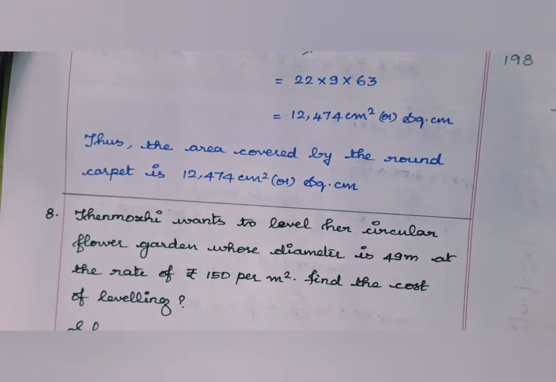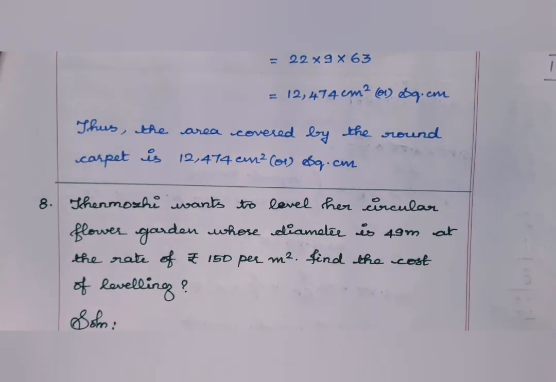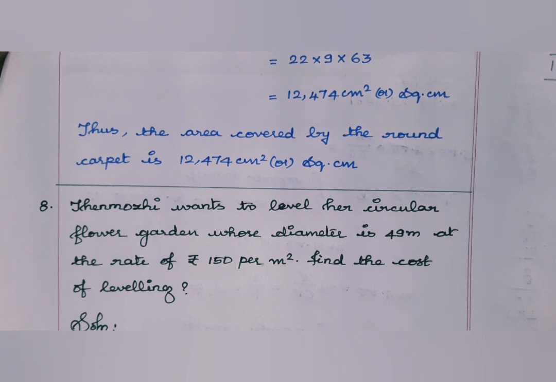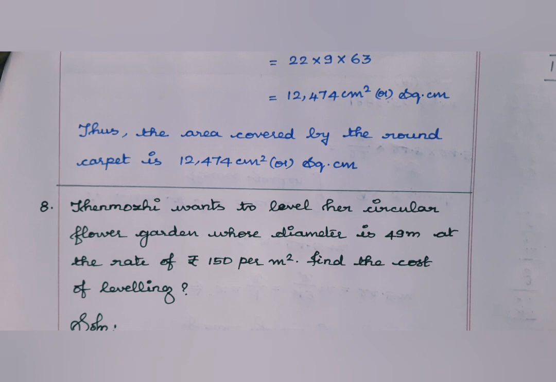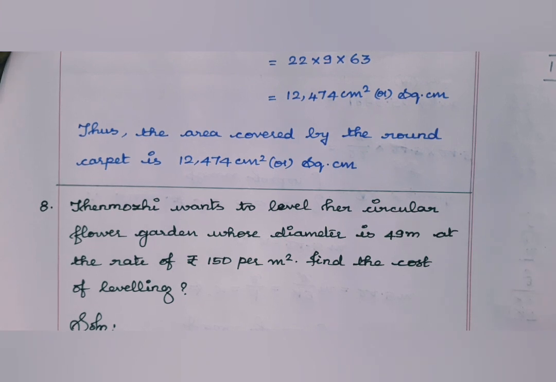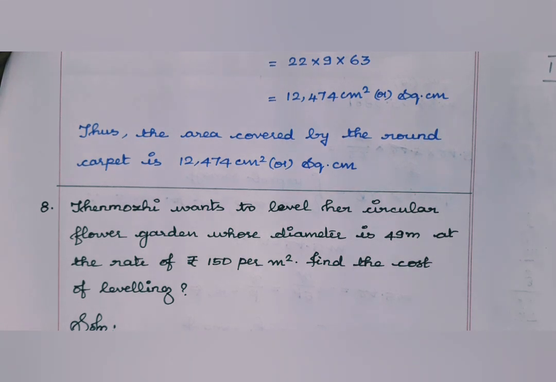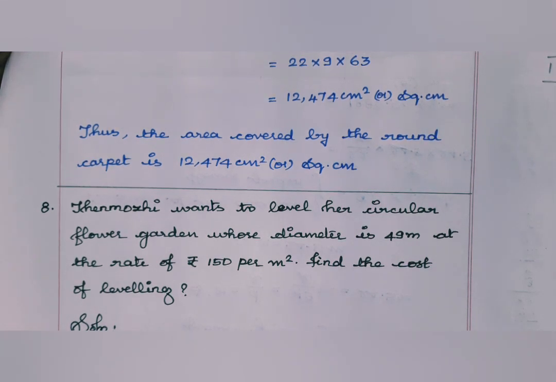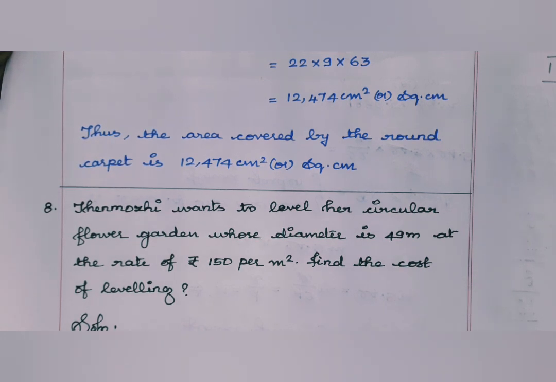Fine. Now, 8th question. Tenmuri wants to level her circular flower garden whose diameter is 49 meter at the rate of rupees 150 per meter square. Find the cost of leveling. Okay. A girl named Tenmuri wants to level the flower garden, that is, she wants to make the floor of that garden the same, without any ups and downs.